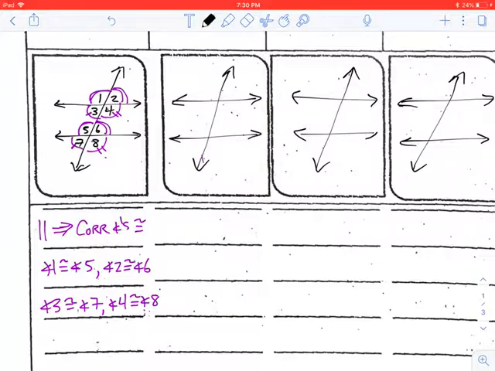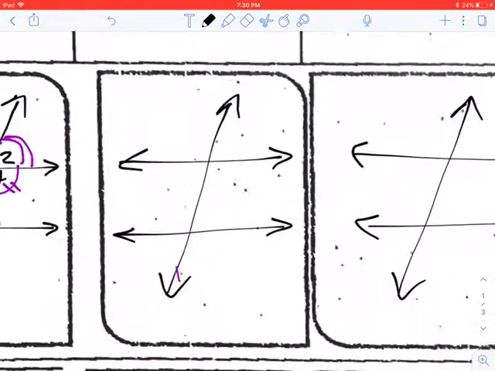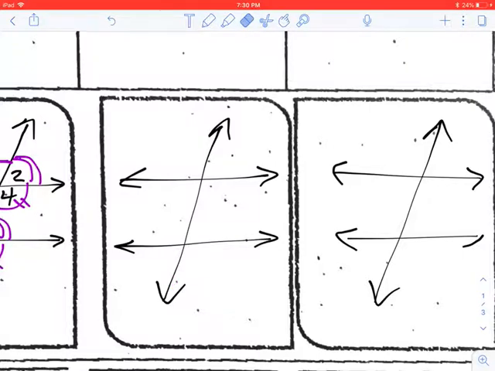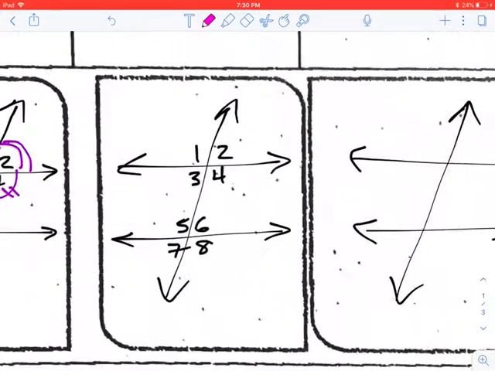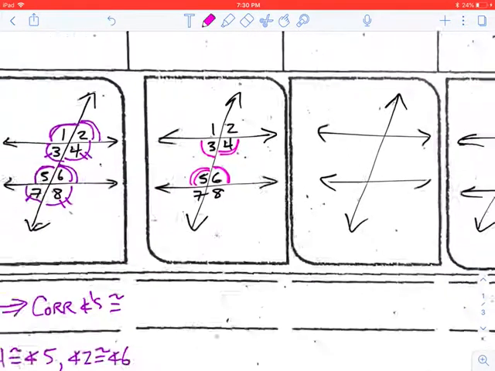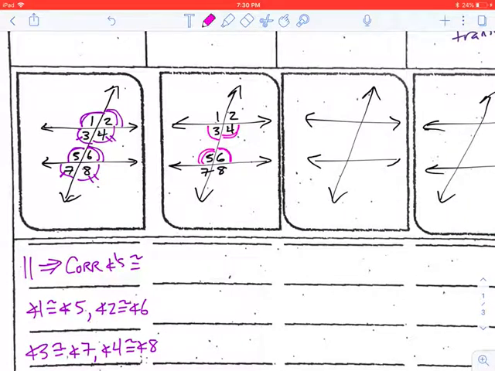We're talking alternate interior angles. So I'm going to label my angles once more. And so alternate interior angles, I've got angle 3 and angle 6, okay? And I've got angle 4, alternate interior with angle 5. And again, I'm labeling those the same because, same deal.